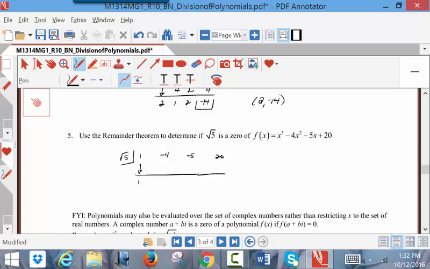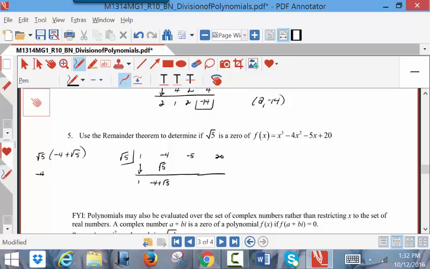Okay, the square root of 5 times 1 is the square root of 5. You can't add a whole number to a radical. You can't put them together. So this is a negative 4 plus the square root of 5. Now I'm supposed to multiply, right? So if I take the square root of 5 times a negative 4 plus the square root of 5, you can multiply anything.